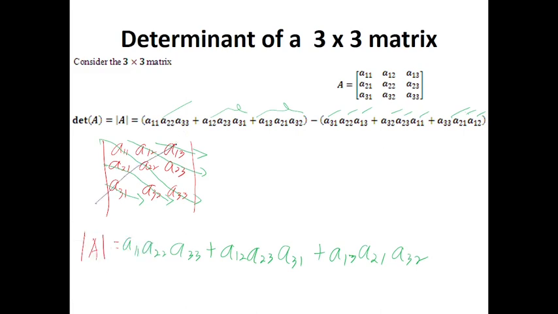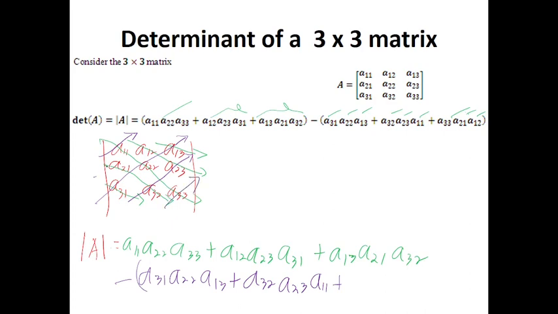Okay. Upward minus quantity. A31, A22, A13 plus ito A32, A23, A11. Okay.